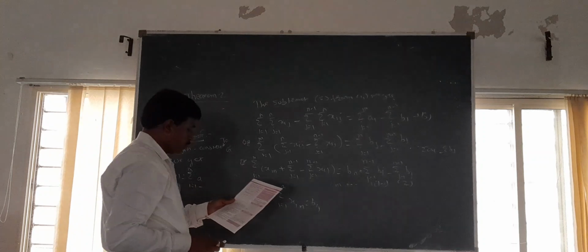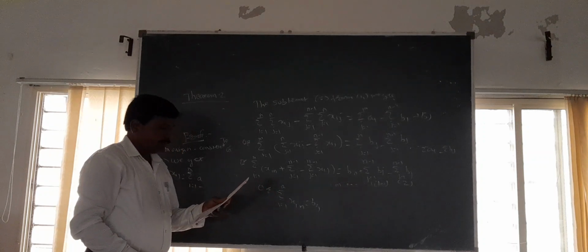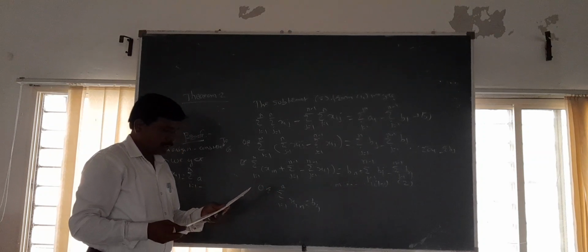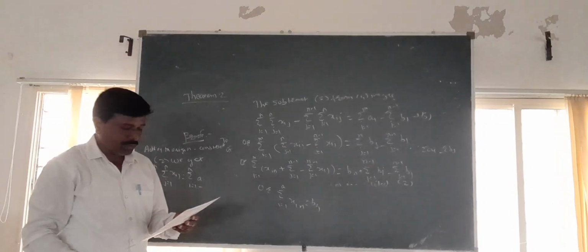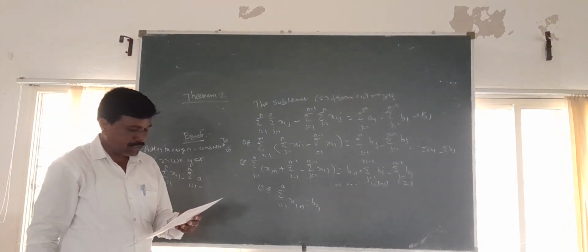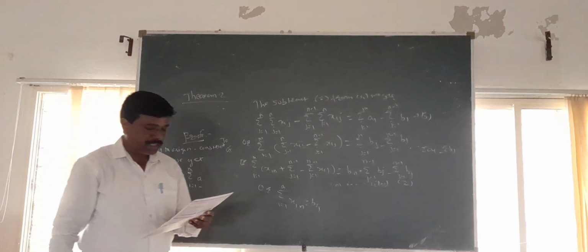That is, it is evident that a basic feasible solution will consist of at most m plus n minus 1 positive variables. In the degenerate case, some of the basic variables will also be 0. That is, the number of positive variables becomes less than m plus n minus 1.